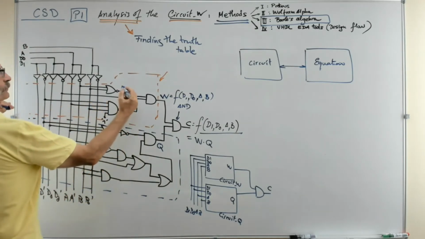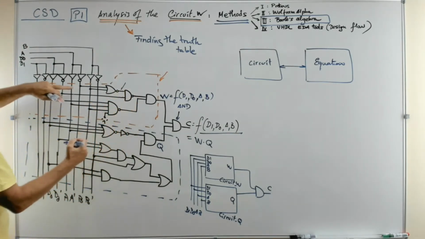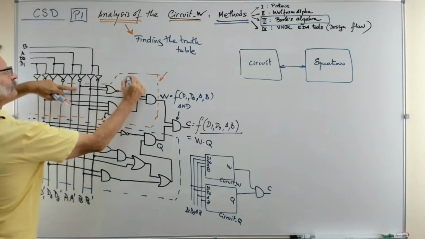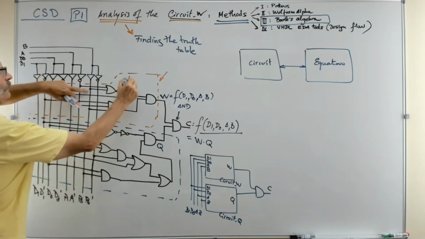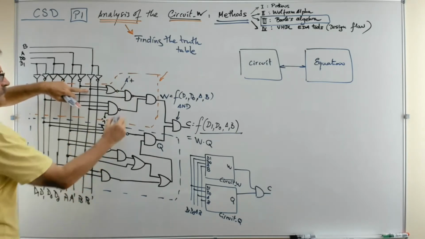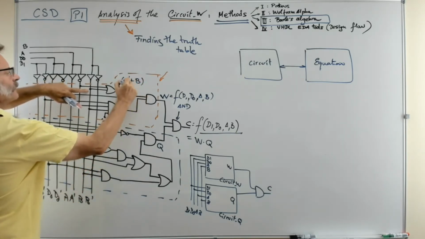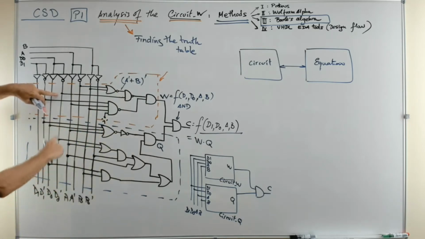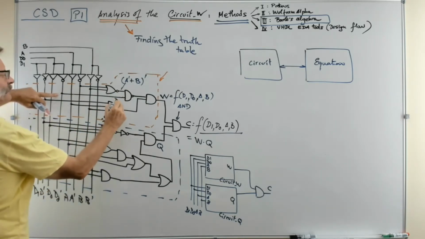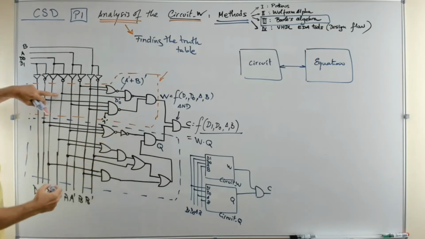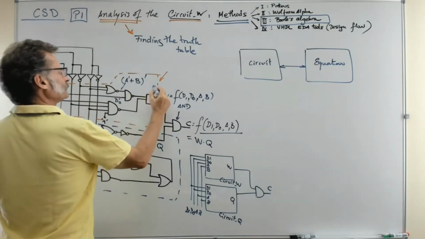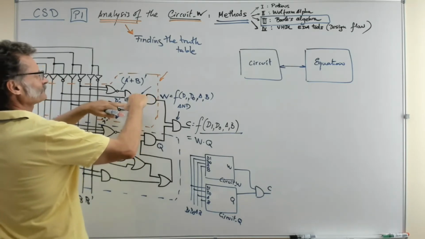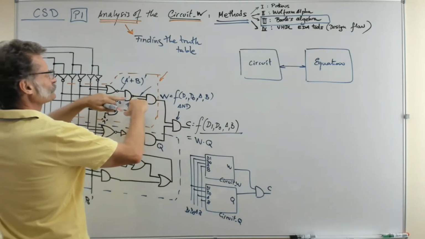Well, if you go and analyze this output, for example, this is A naught or B naught. This is the output of this gate. Then there is this connection to the D0 naught. So here you have another wire, which is the output of this NAND of two inputs.